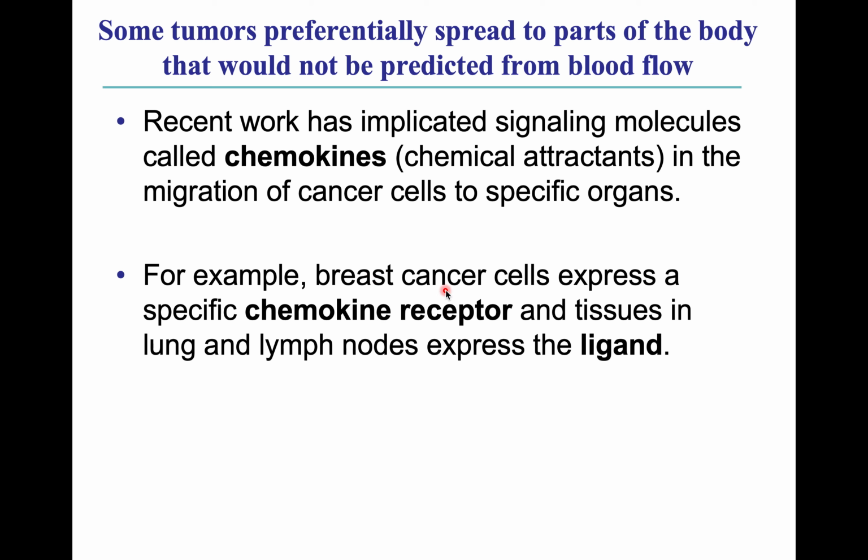So certain types of breast cancer will produce a specific chemokine receptor, and the ligand for that you'll find in lung or in lymph nodes. So it's almost like those breast cancer cells are being directly attracted to these individual tissues due to this signal ligand type interaction.